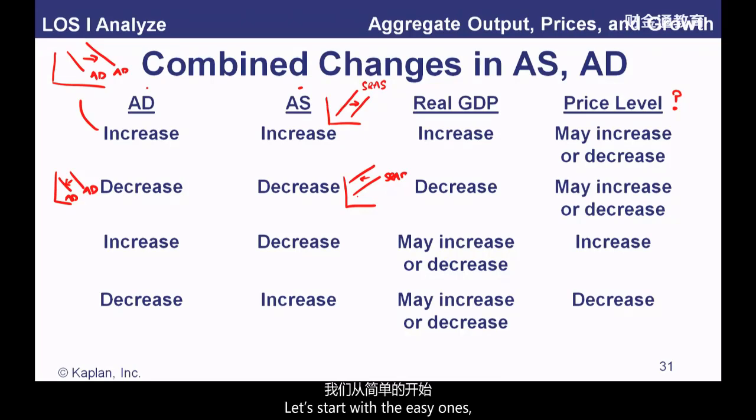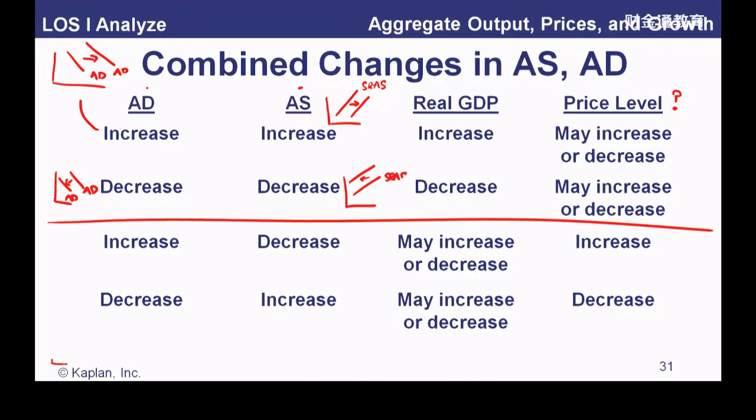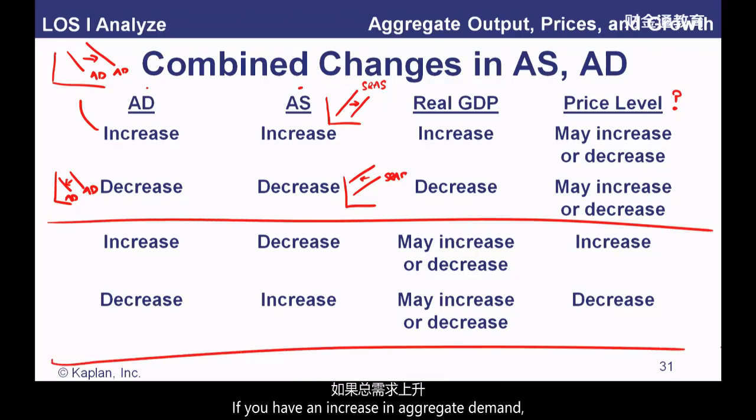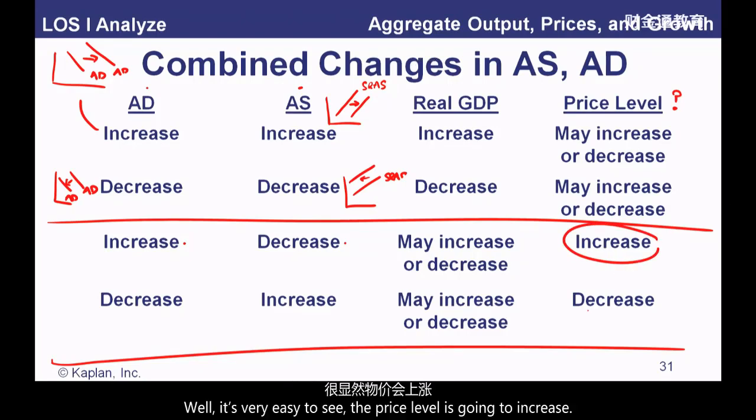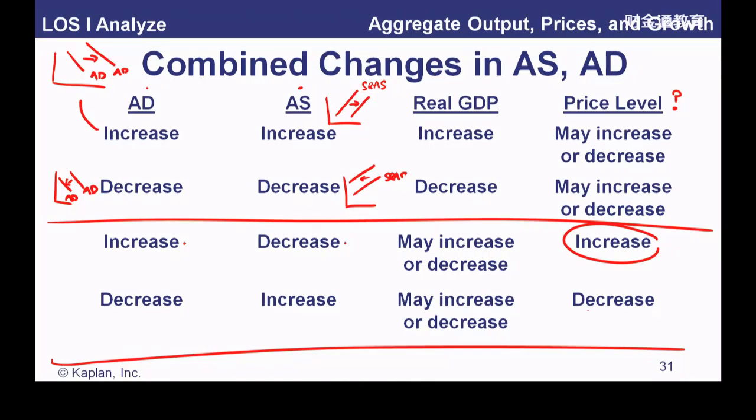Let's start with the easy ones, because I think they're down here. If you have an increase in aggregate demand and a decrease in aggregate supply, what happens to the price level? Well, it's very easy to say the price level is going to increase. Why?